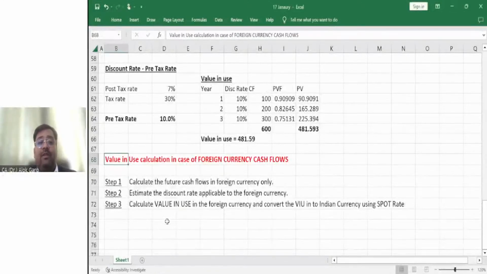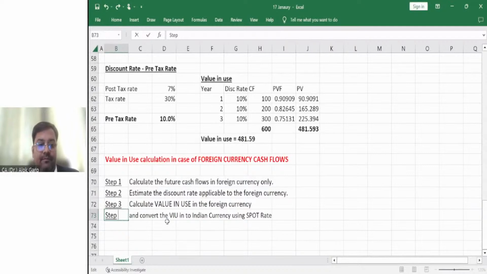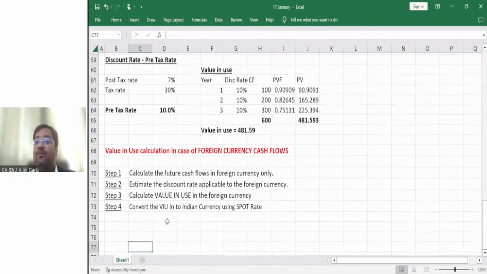So, value in use calculation in case of foreign currency cash flows. Step 1, calculate the future cash flow in foreign currency only. Step 2, estimate the discount rate applicable to the foreign currency only. Step 3, calculate value in use in the foreign currency. Step number 4, convert the value in use into Indian currency using the spot rate.